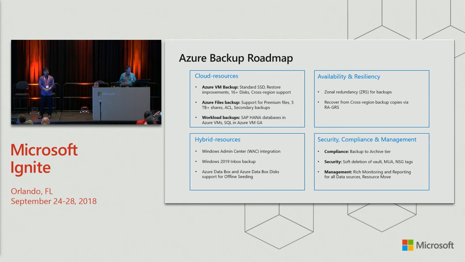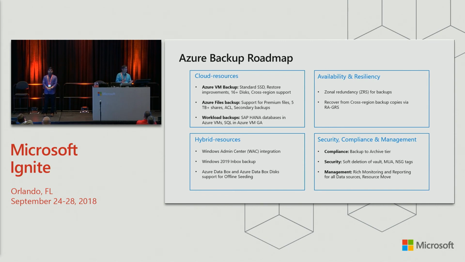We keep adding features, but I'll give you a flavor of how we prioritize them. For example, I'll pick one in the availability and resiliency theme, which says recover from cross-region backup copies via RA-GRS. So you guys might know, earlier this month we had an outage in South Central US.